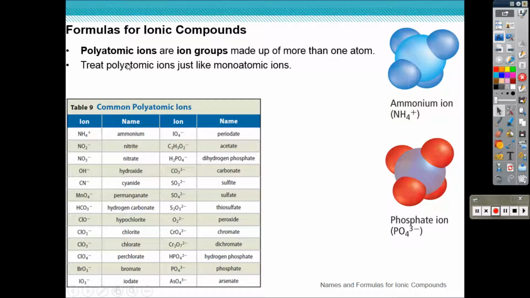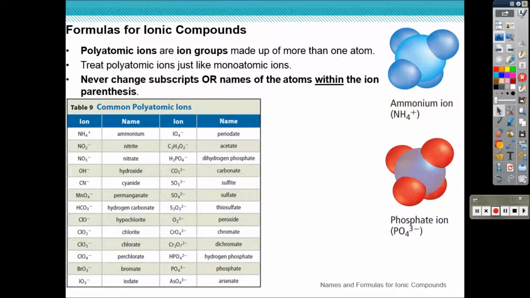You want to treat polyatomic ions just like the monatomic ions, meaning you're just going to have this one item, and that one item will have a charge. It's just that polyatomic ions are made up of more than one atom, but you will still treat it like it's just one package, one thing, and that one thing has a charge on it. We will never change the subscripts in the polyatomic ion, nor do we change the name.